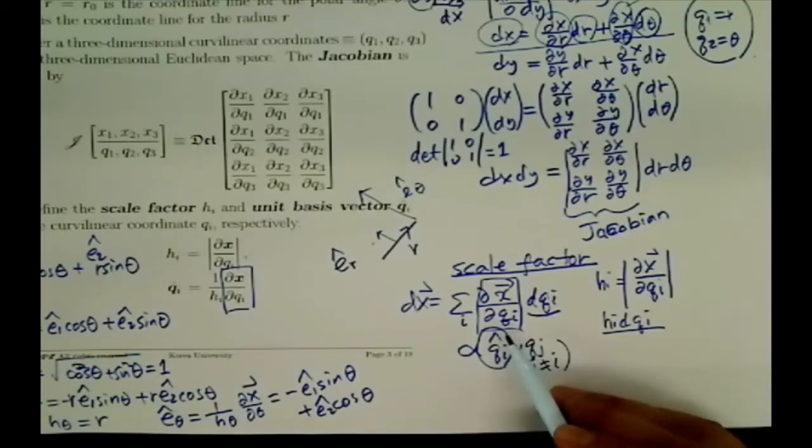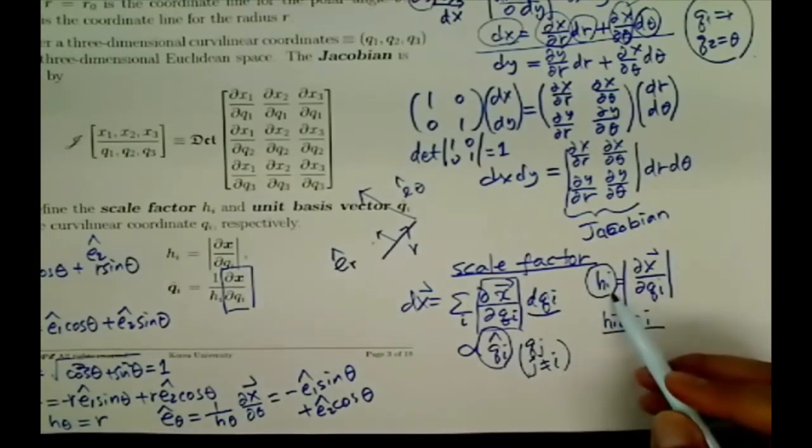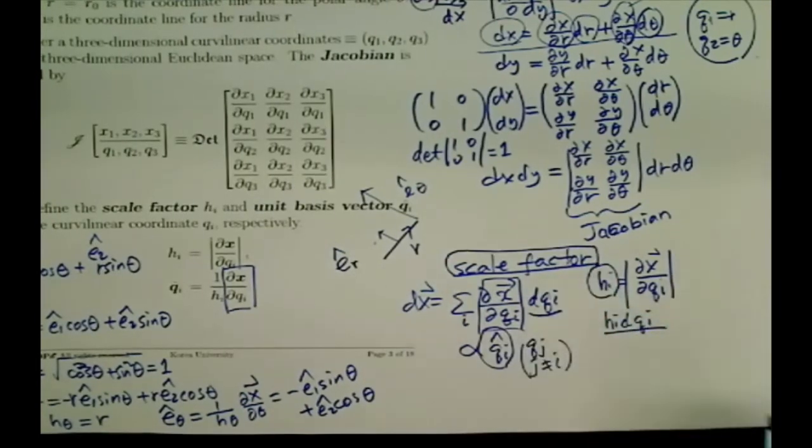The magnitude of this partial derivative is called hi. Its name is the scale factor. Only if I multiply by this scale factor does the differential become some length.